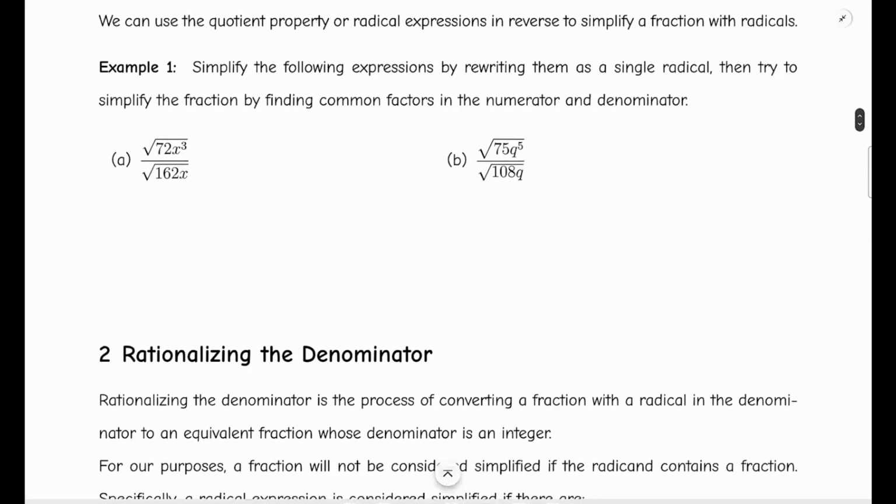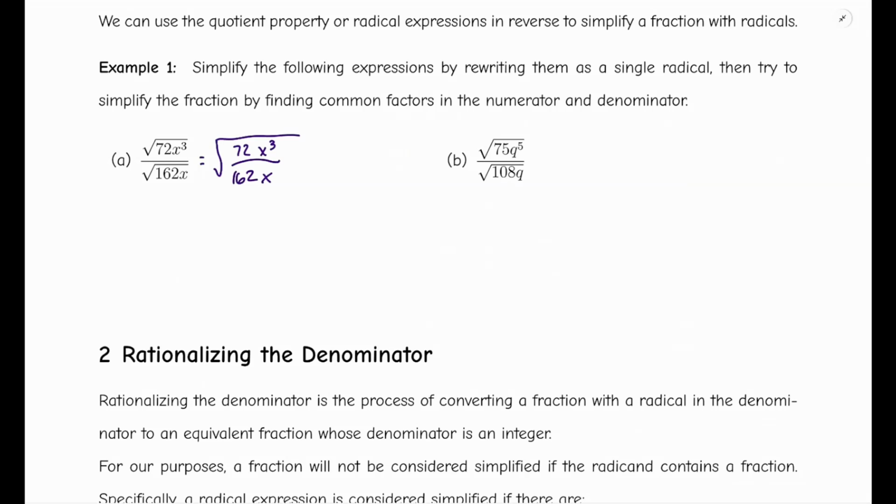Example 1. Simplify the following expressions by rewriting them as a single radical. Then try to simplify the fraction by finding the common factors in the numerator and denominator. So as the directions say, I'm just going to combine them into one. So this will become the square root of 72x cubed over 162x.